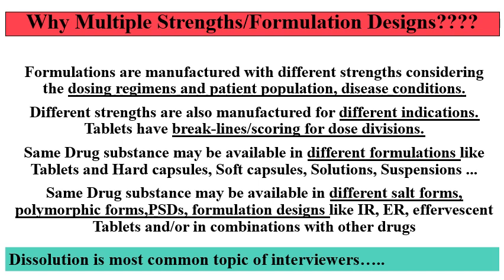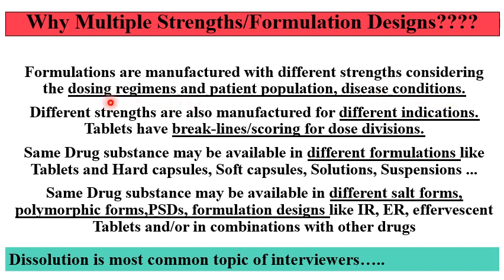Sometimes the same API is available in multiple formulations and different formulation designs. So these formulations of different strengths are made by considering the dosing regimens, patient population, and the disease conditions.